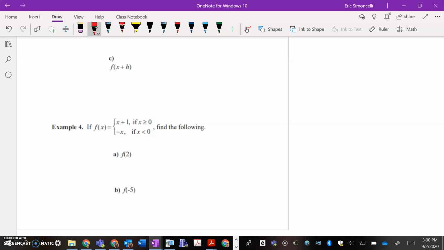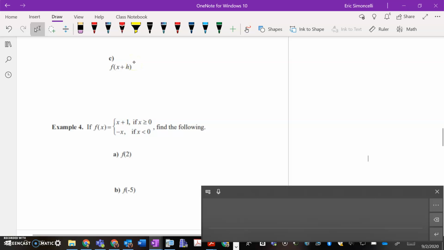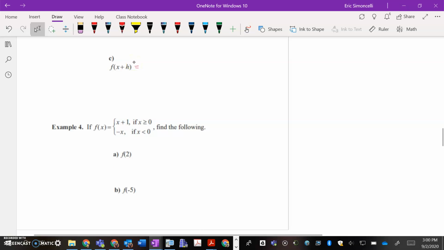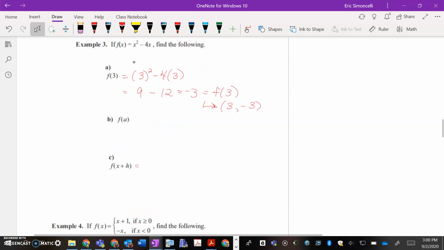To start with though, example 3C, so we're going to take x plus h and substitute that into the expression from up above, which if you recall was x squared minus 4x. When we use substitution of this nature, it is a little bit more interesting, because we get x plus h quantity squared and then minus 4 times the quantity x plus h.